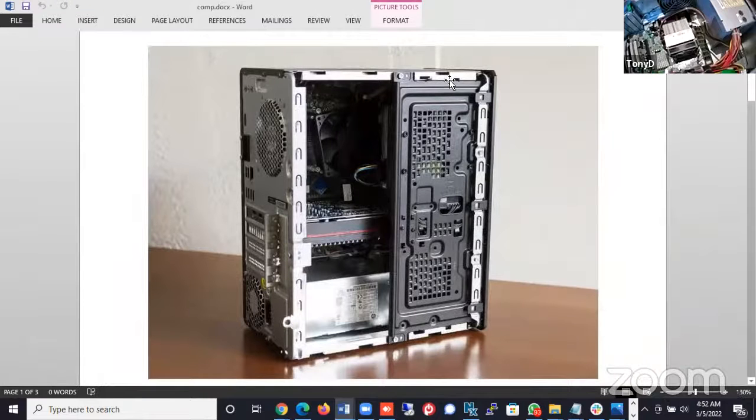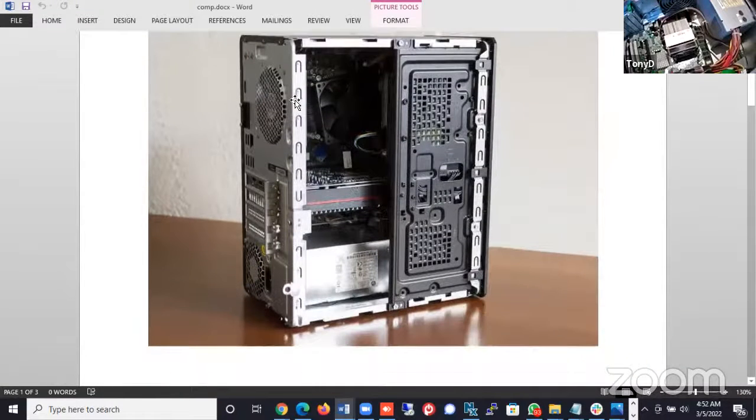You see, this is the case of a computer. This is also called the tower. Some people also call it the system unit. So remember the names of it.